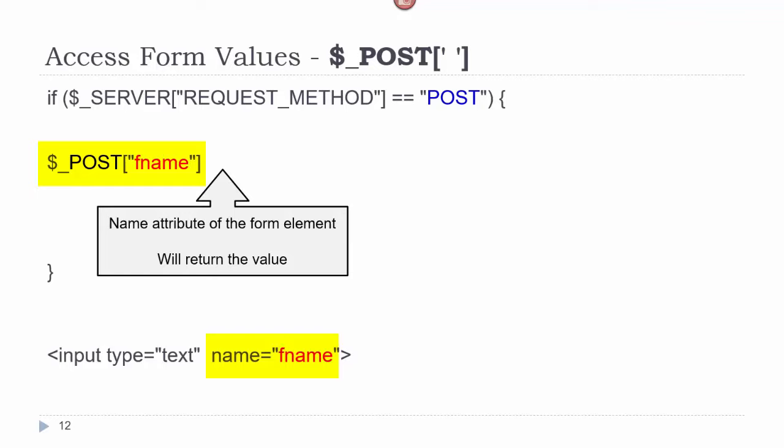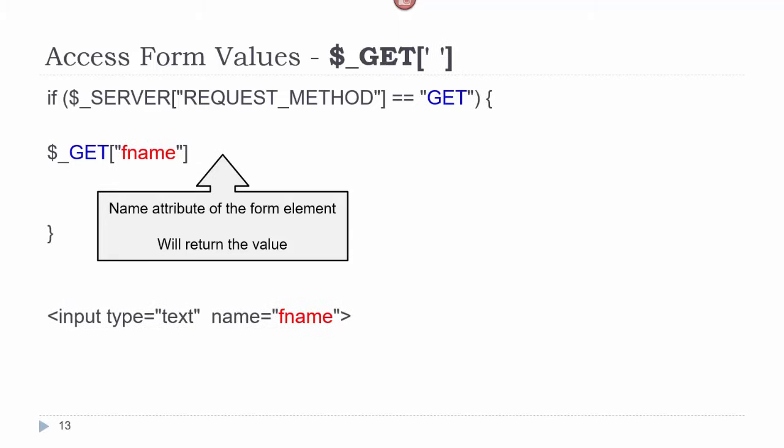This is another way of returning the value of a form element, and this, in my opinion, is the most popular and the easiest. We also have a get request method. So if you were using a get, then $_GET would allow you to retrieve the value for that form element. So you have to use either $_GET or $_POST based on the method that you are using.